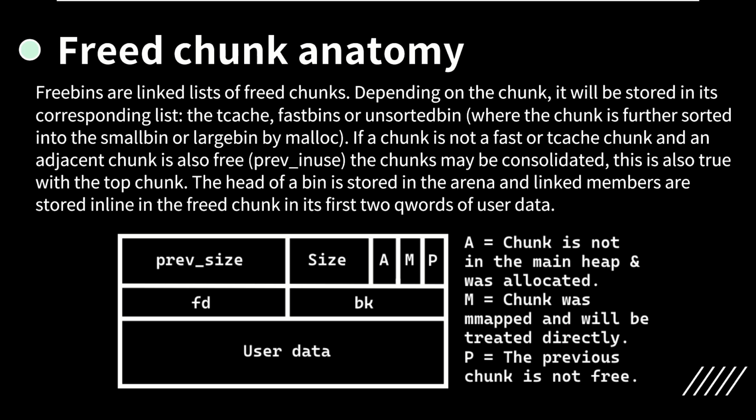An important thing to note about freeing a chunk: if you free a chunk and it is not fast sized or T-cache sized, then if there's a free chunk directly adjacent in memory to it, it will be consolidated with that chunk. So for example, if I have a free 0x100 size chunk here, it's not fast in size, it's not T-cache size, we'll talk about that later, it's just a very big chunk.